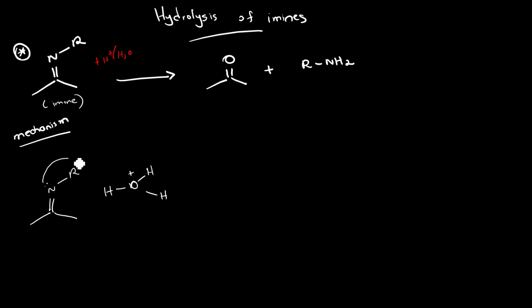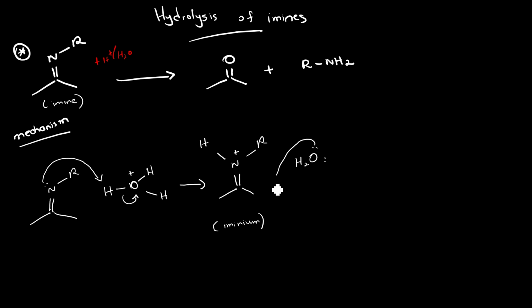This lone pair will be attached to one of the hydrogens in this H3O plus, resulting in the breaking of this particular bond. We will get this kind of structure. Now here we have hydrogen and R, here we have a plus, and we have H2O. I hope you know what this cation is called. This is an iminium ion.